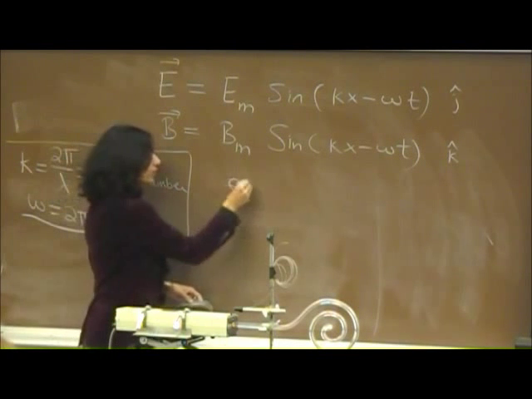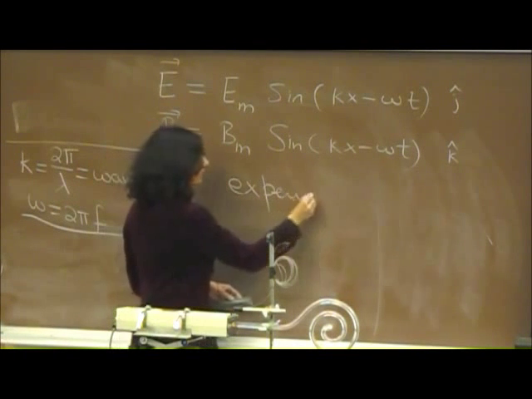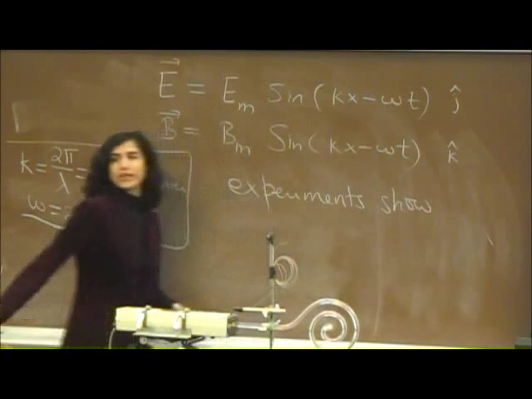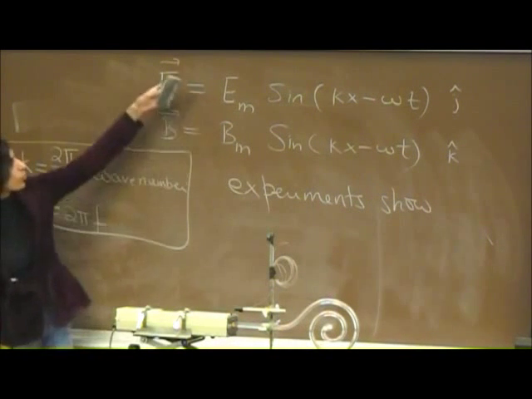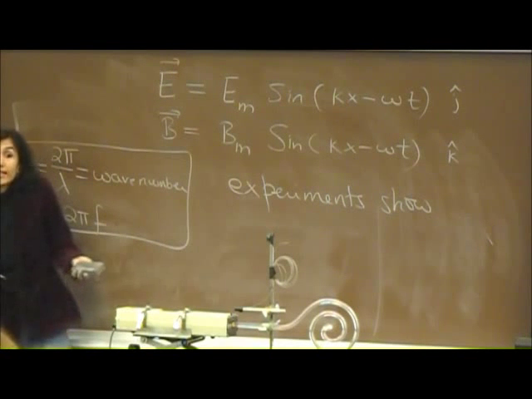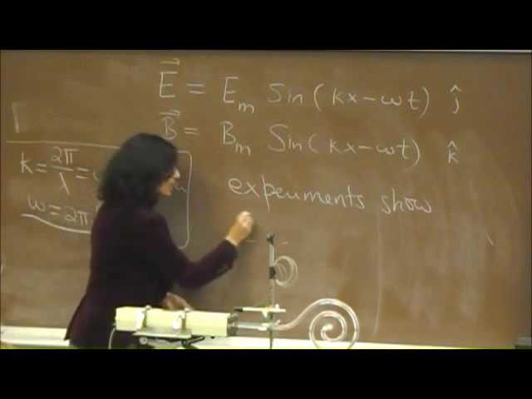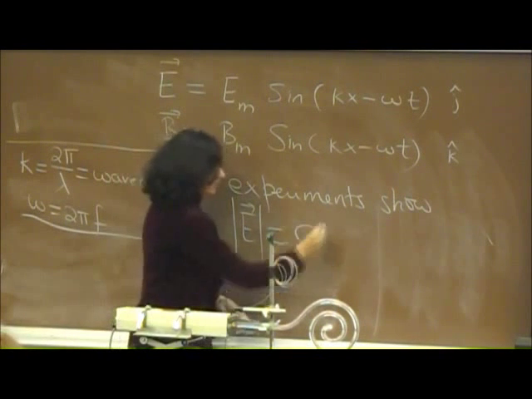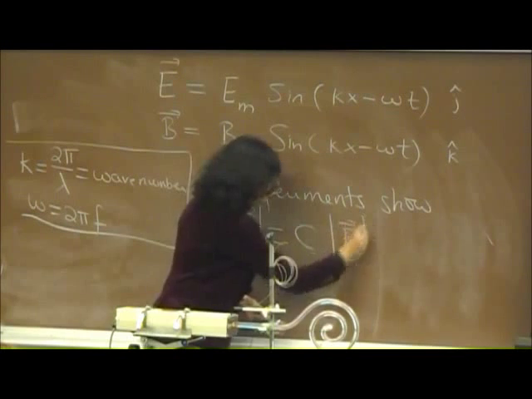Now experiments show this. Experiments show something very interesting. Experiments show that you don't need to know the magnitude of both electric and magnetic field because they are related to each other. So it turns out that the magnitude of electric field is always equal to the speed of light times the magnitude of magnetic field.